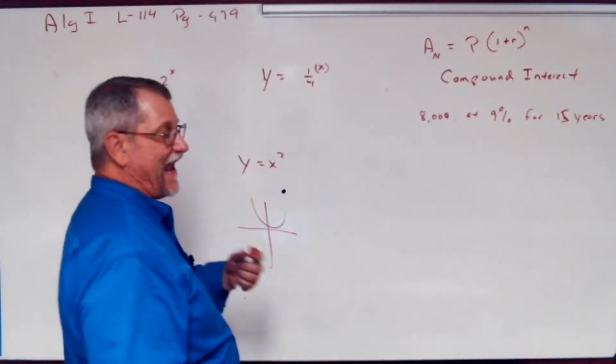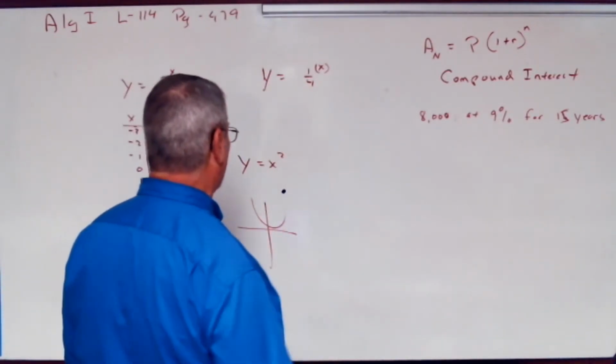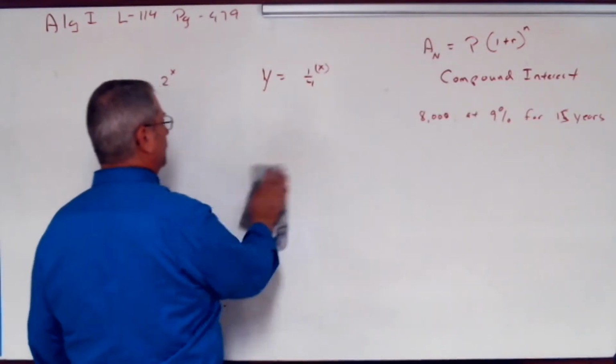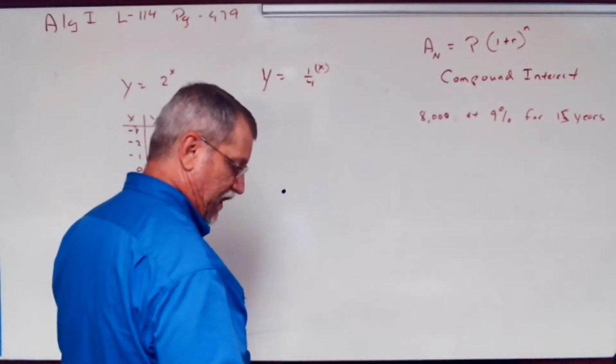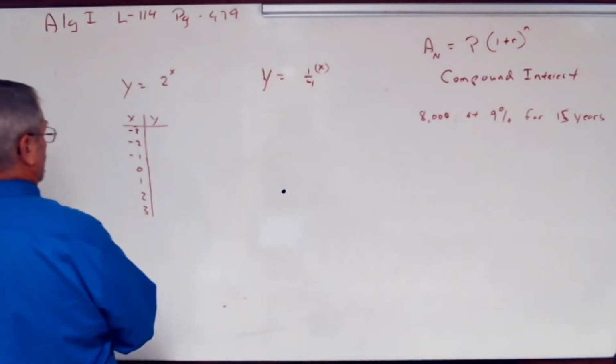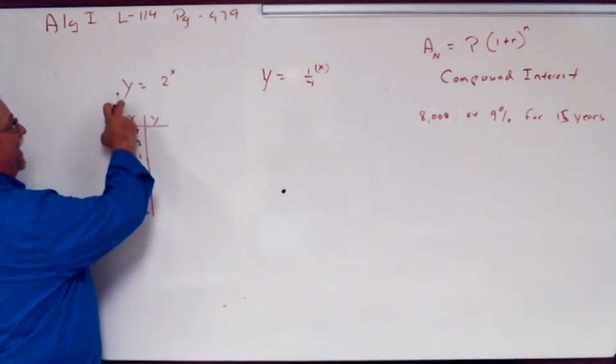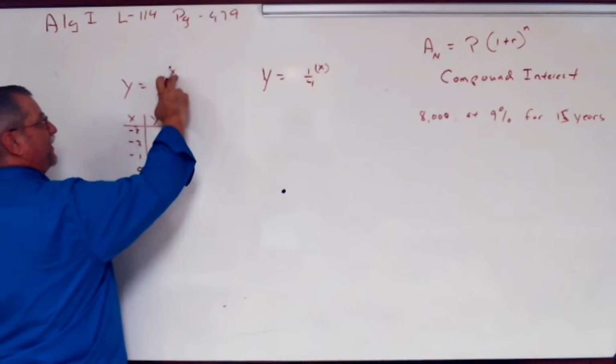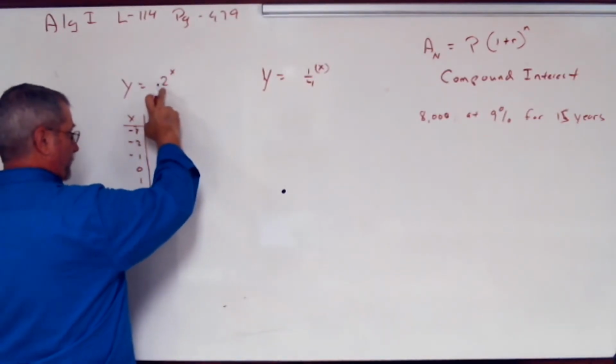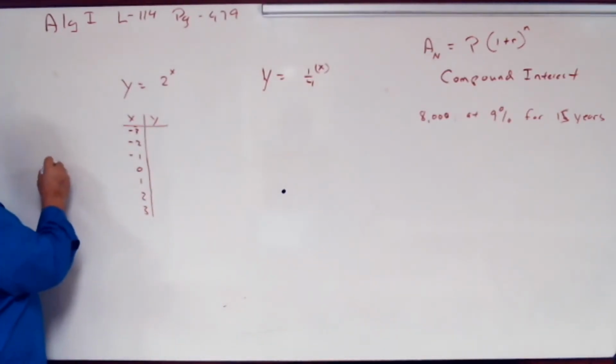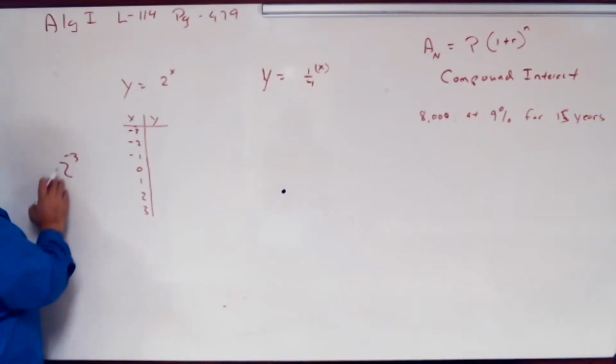This is a number to a variable power. So what you have to do is the XY chart. The answer you get out is right here. The thing you put in is right there. So right here, we have 2 to the negative 3. You make that a positive exponent.